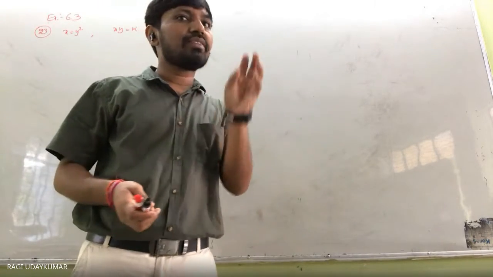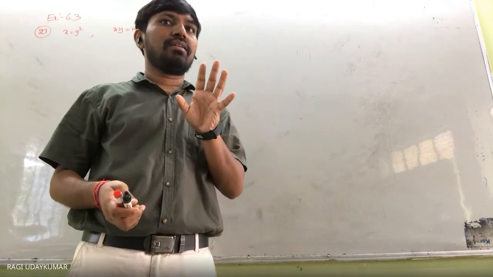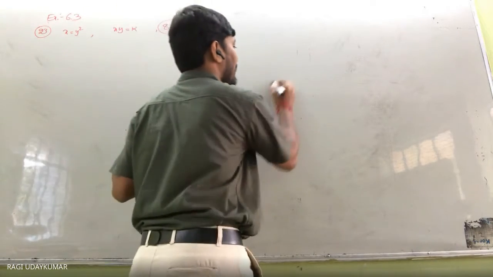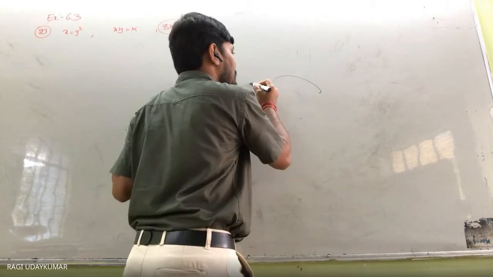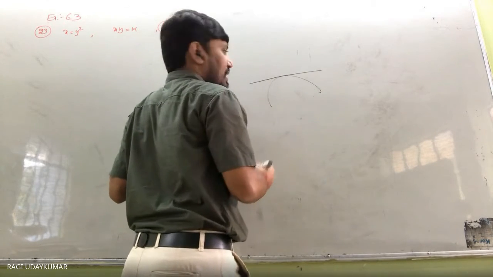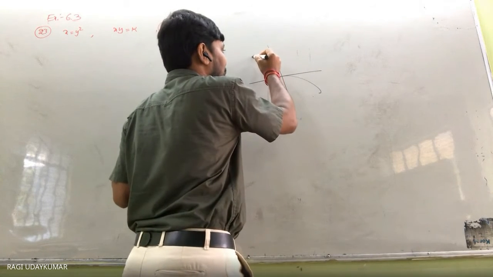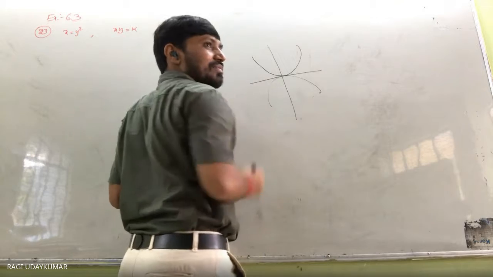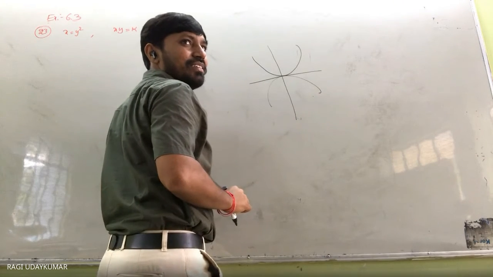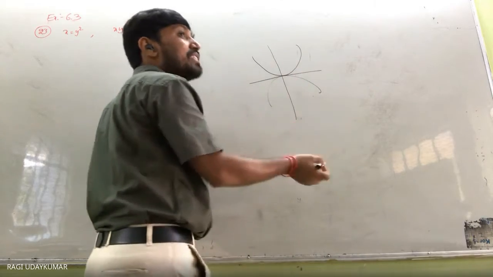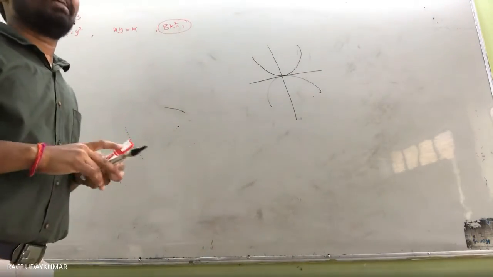If the two curves intersect at right angles, the tangents are perpendicular. Suppose this is a curve, sir, and its tangent is this. Another tangent is perpendicular like this. Another curve is like this, suppose. So now both the tangents are perpendicular.